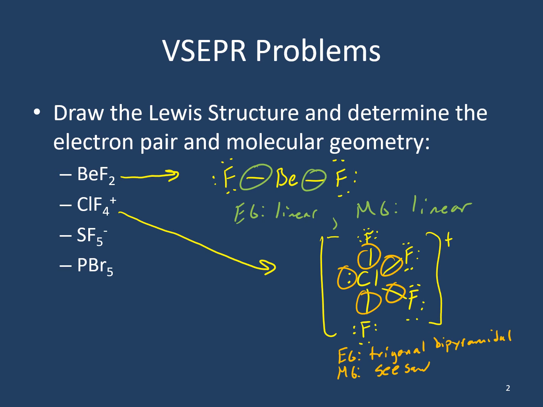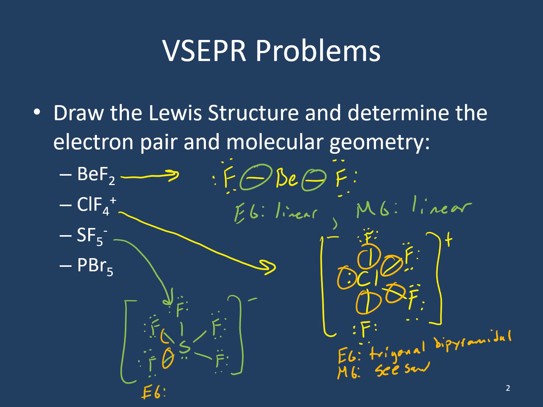All right, so if we look at our next Lewis structure, let's draw that out. Okay, so this will be the Lewis structure of that. And so our electron group geometry is going to be 1, 2, 3, 4, 5, 6. This is octahedral. Our molecular geometry, because we have 1 lone pair and 5 bonds, is square pyramidal.